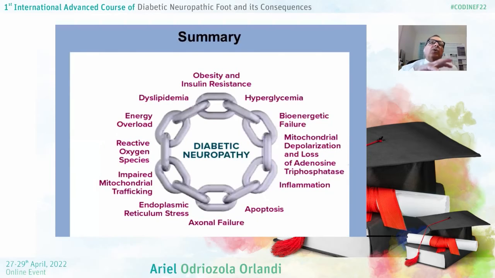Well, I would like to show the summary of diabetic neuropathy. The different participants that promote the lesions are shown on this screen: obesity, insulin resistance, joined with dyslipidemia, hyperglycemia, energy overload, bioenergetic failure, mitochondrial depolarization and loss of ATP, inflammation, apoptosis, axonal failure, impaired mitochondrial trafficking, and reactive oxygen species spikes in the endoplasmic reticulum stress.